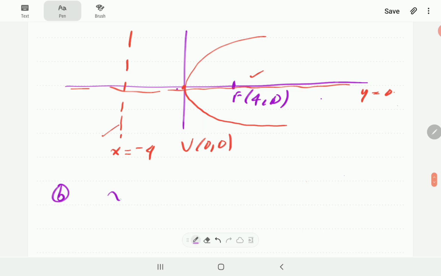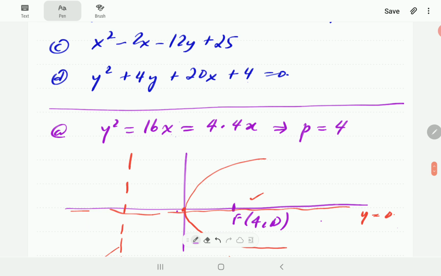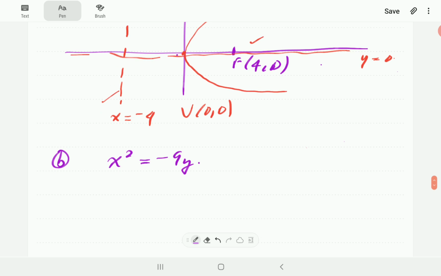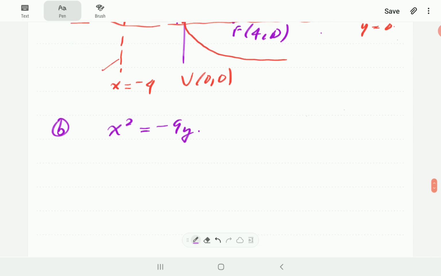Then I'm going to go to question B. We've got x squared equals negative 9y. This time it's the x that is squared, which means the axis is vertical. Next, we need to decide the value of p, so we write this as 4 times something. That something is minus 9 over 4 y, so this is our p.